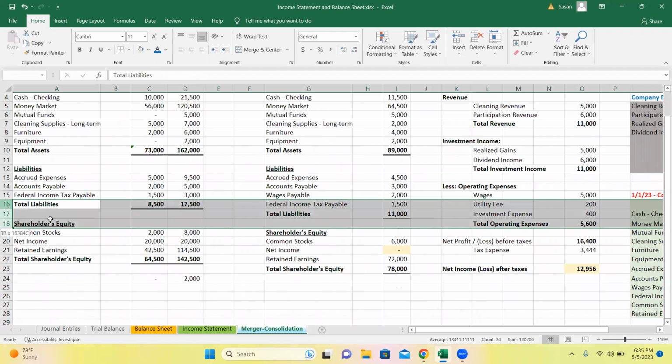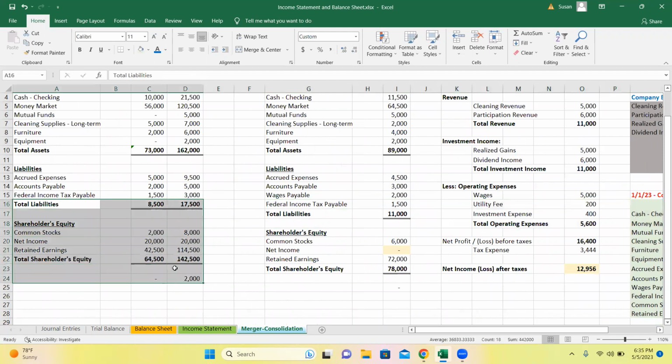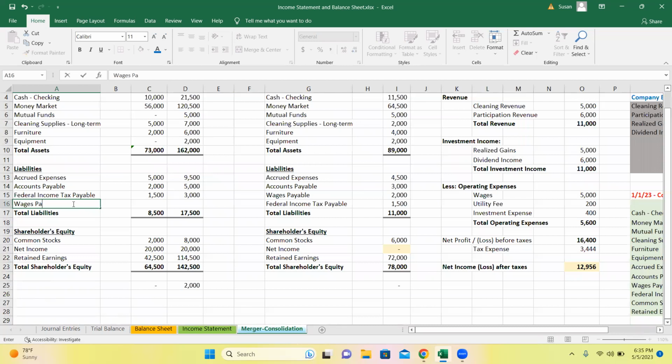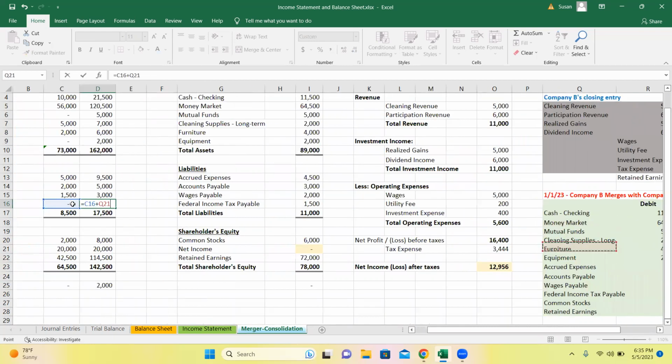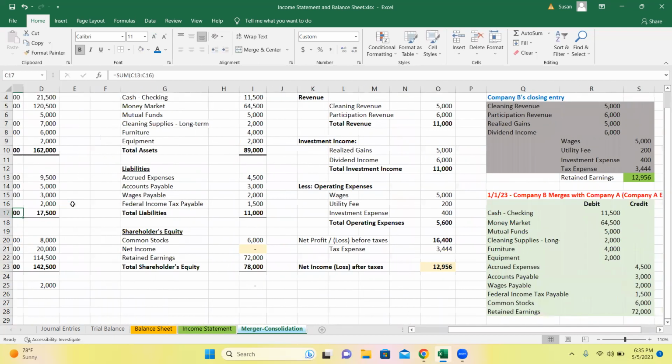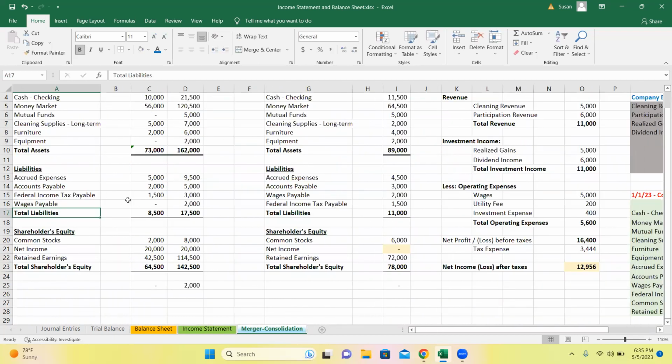I noticed that because it is a new liability account from company B that company A never had. Okay. Hopefully this will balance it out.